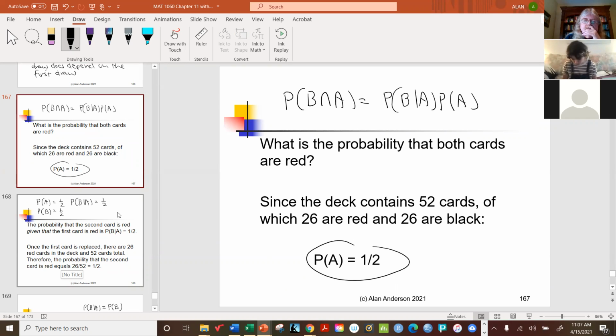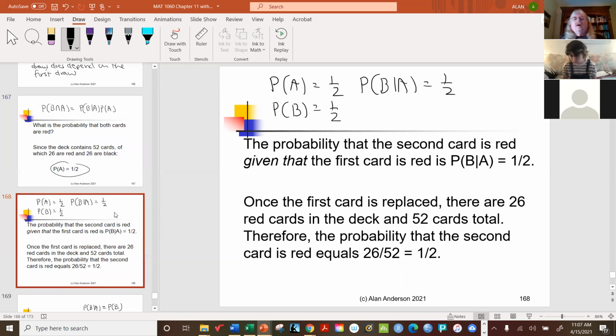How about B given A? Well, that's the interesting part. The probability of B is the same. Now, remember, we put the first card back. So the probability of B is a half, whether or not the first card was red. Again, because the entire deck is intact when we pick the second card.